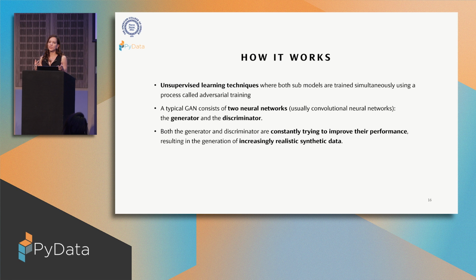We're going to cover over the course of this talk what each one stands for and how they work. But I think their names are pretty self-explanatory. Now, both the generator and the discriminator are in a constant battle where they're trying to beat each other and keep on improving their performance. And as such, they result in the generation of increasingly realistic synthetic data.